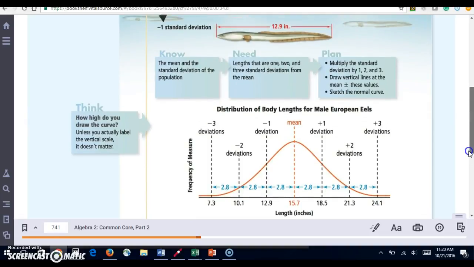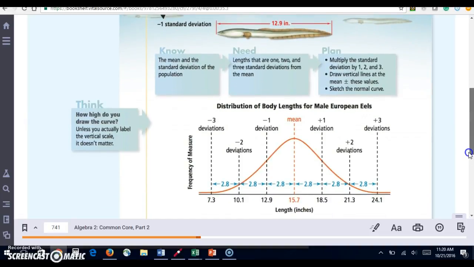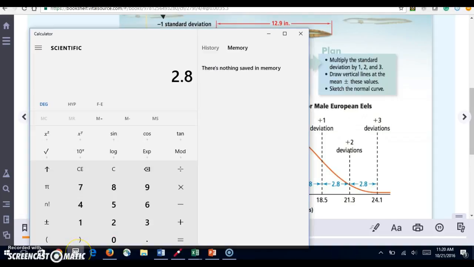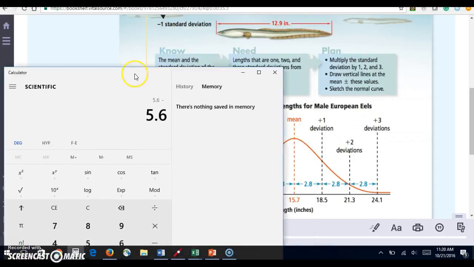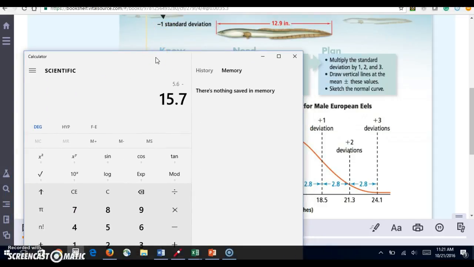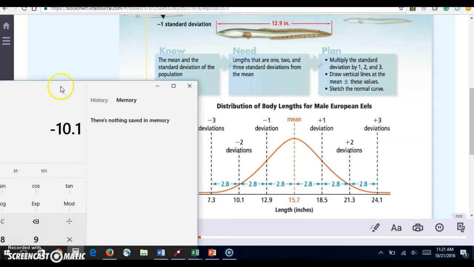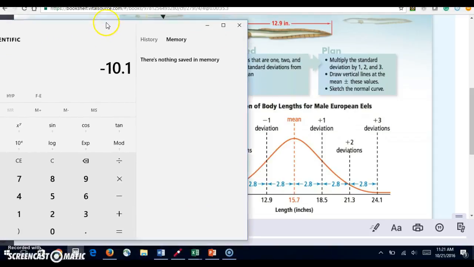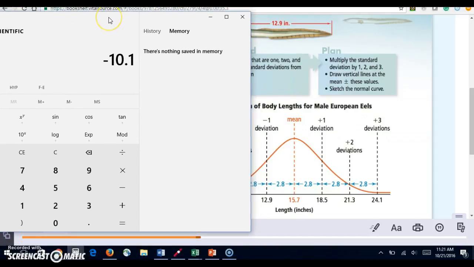So 2.8 times 2. And I would subtract that from my mean, which was 15.7, which just gives me 10.1. This is what they have here. And then I will also add, so 2.8 times 2, then I'll add that to 15.7, and that gives me 21.3.